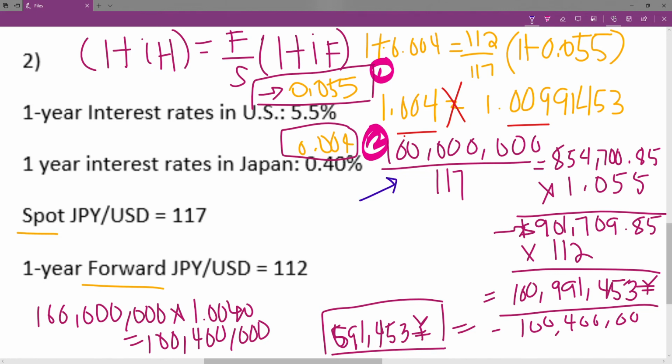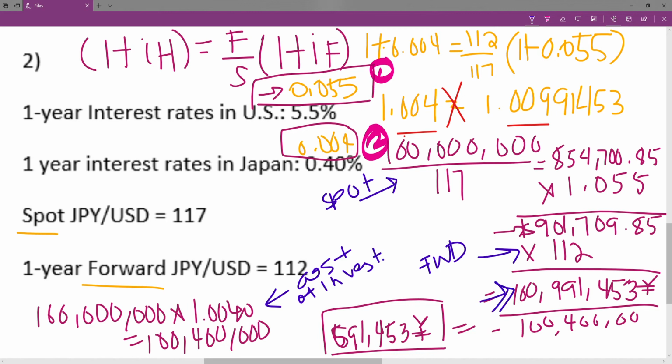And then we calculated our forward rate here. We calculated cost of investment here. Then this was our total profit from investing, and then this is what it costs us to invest, and this is our total profit of the investment.